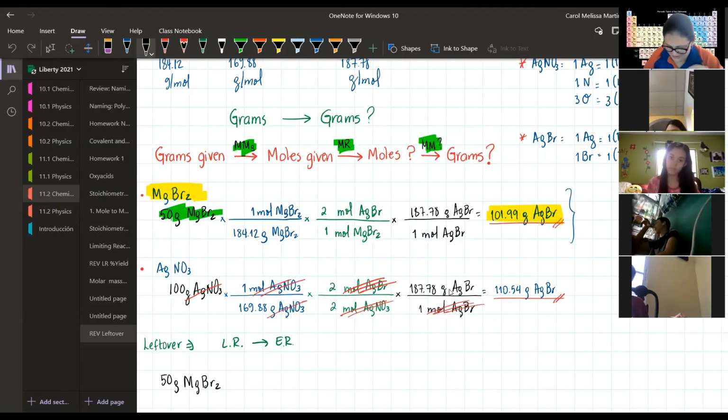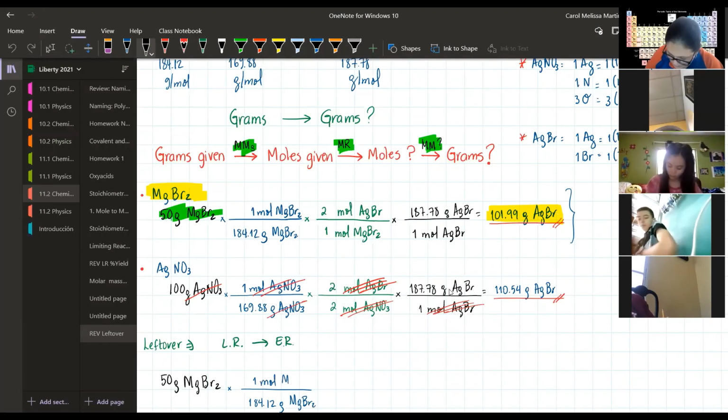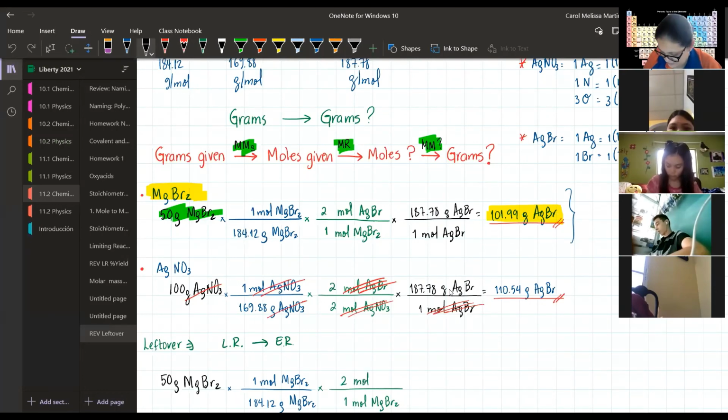Okay, so the procedure is the same. Molar mass given, molar ratio, molar mass unknown. The molar mass of the given, you already know, is 184.12 grams that you have in 1 mole of MgBr2. The molar ratio is 1 mole of magnesium bromide against 2 moles of silver nitrate.